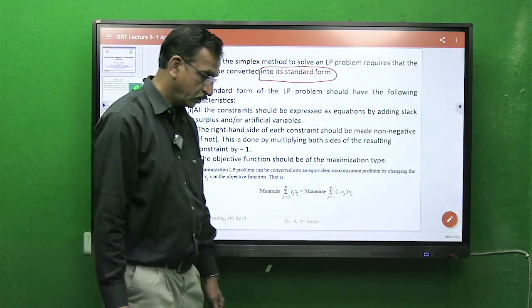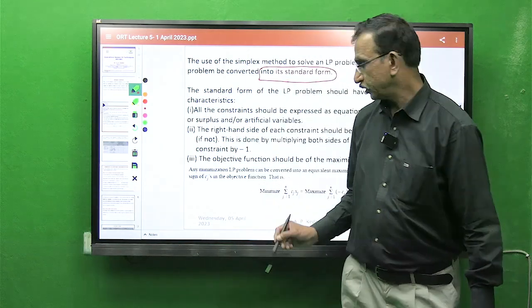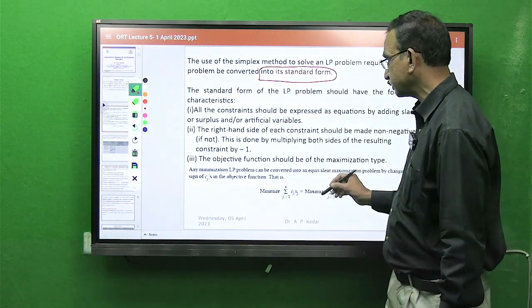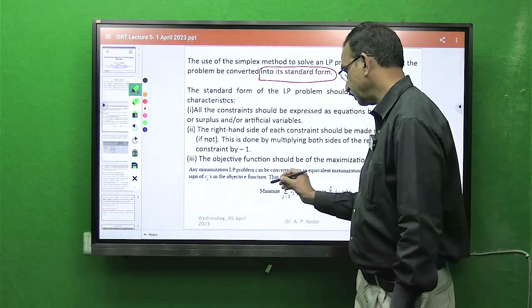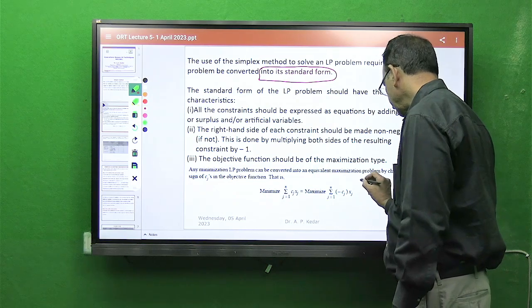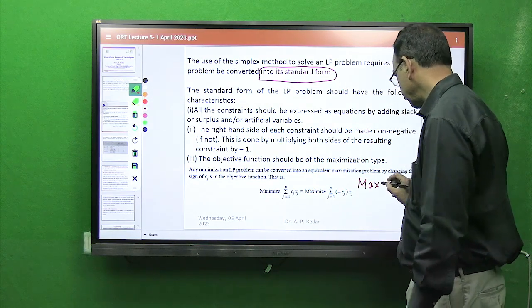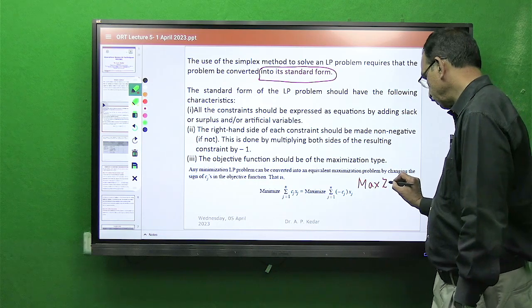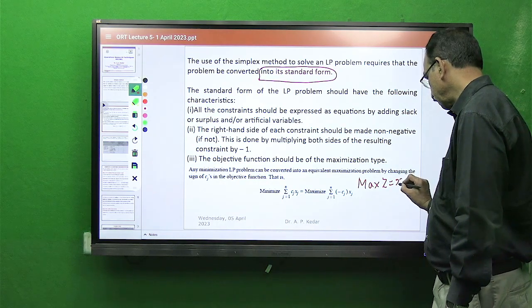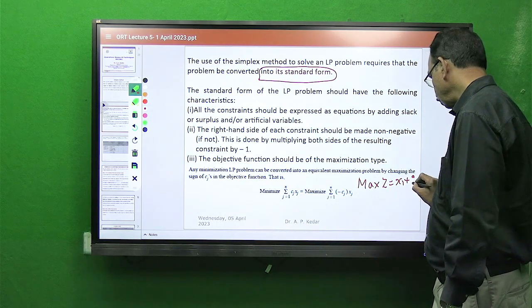If you recall, we have written in earlier cases equations like, say, maximize z equal to x1 plus 2x2.